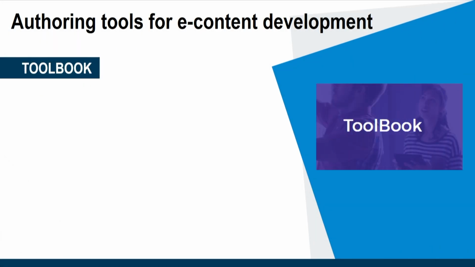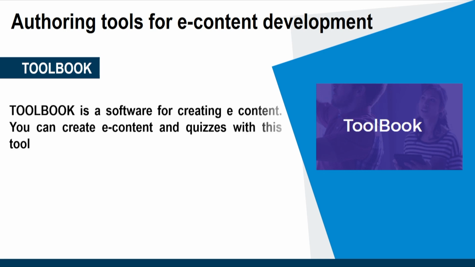And Toolbook is also a very strong software for creating e-content. With the help of Toolbook we can do everything you want to do. For example, you can create images, objects, and text. This is a tool for creating books, because in each and every book we have pages.